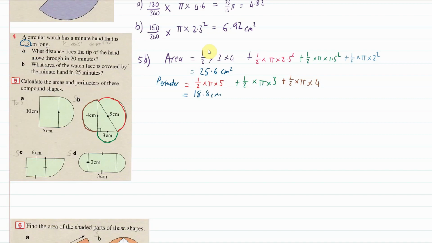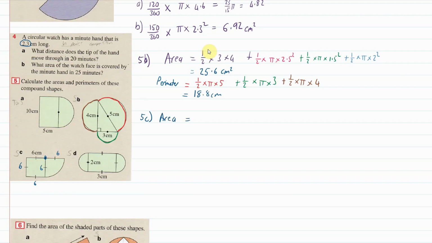So the next one, we will do the next one. This is 5c. You can see that we have a square, which means all of those sides are 6. And we can see that we've got a quarter circle, and the radius is 6 for that as well. There's our center of our circle. Let's find the area.